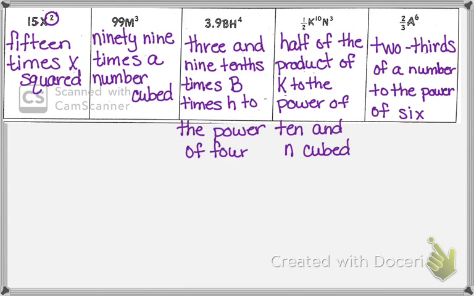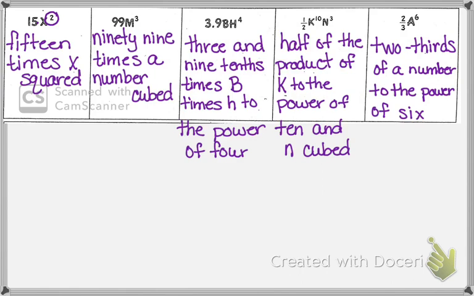The next one, this is a decimal. So you have 3, that's your whole number. Anytime you see a decimal, you call it by the place value that the 9 is in, the tenths place. So we say 3 and 9/10 times b times h to the power of 4. H is the only one to the power of 4, not b. So we don't say b to the power of 4.